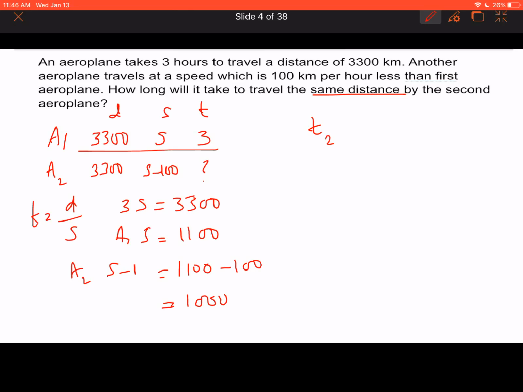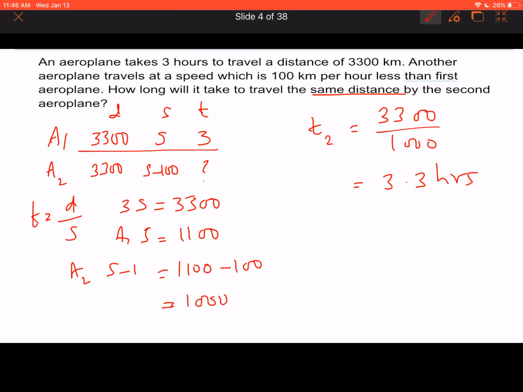So the time of the second aeroplane is the distance covered, 3300, divided by the speed, 1000, right? Which is equal to 3.3 hours.